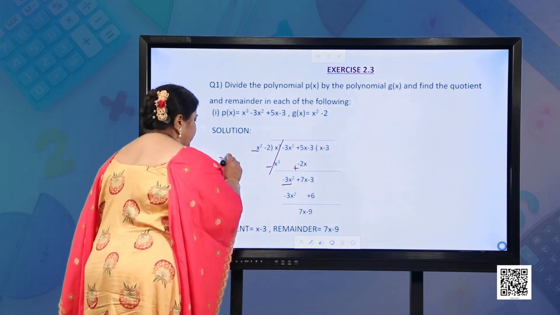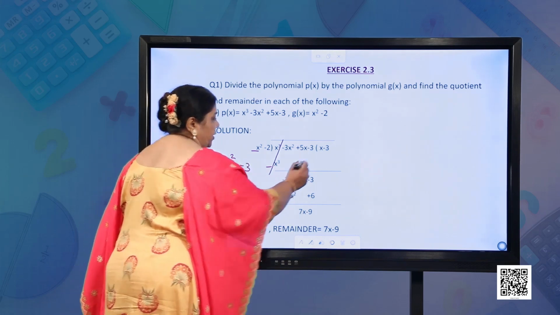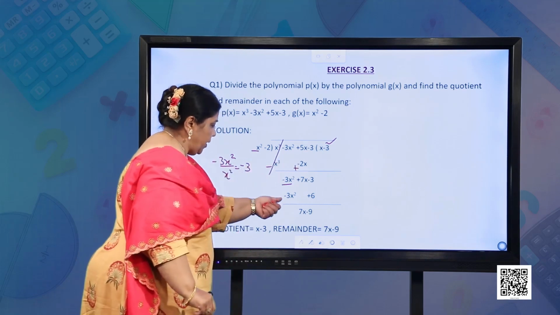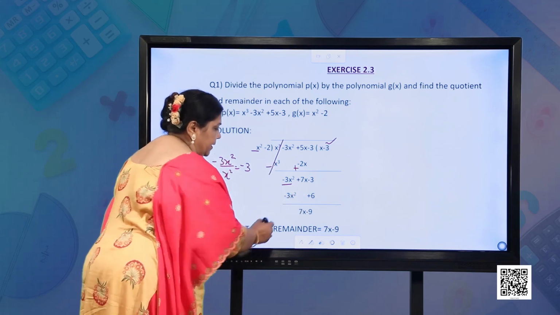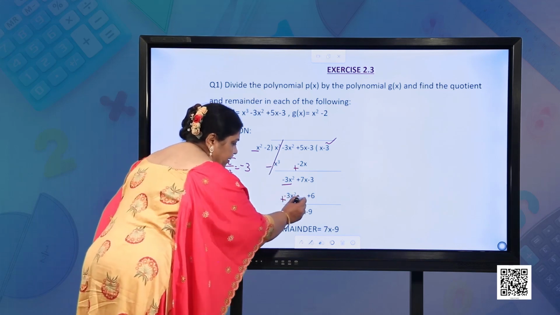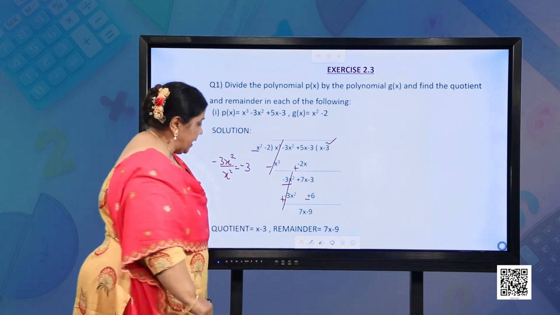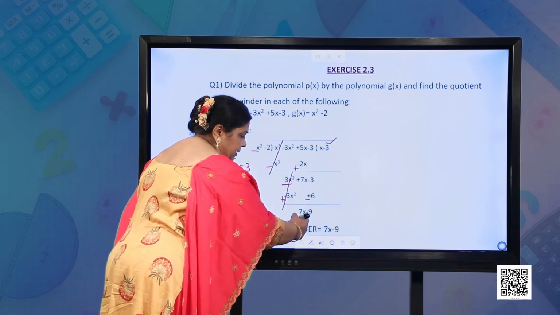So, minus 3x square divided by x square will give me minus 3. So, I need to multiply by minus 3. I get minus 3x square as first term, minus 3 into minus 2 will give me plus 6. So, if I change the signs here, you observe that minus 3x square and plus 3x square gets cancelled. I am left with 7x and minus 9.